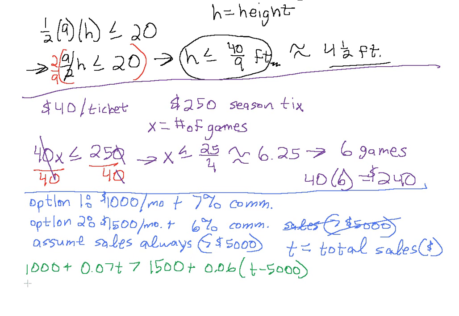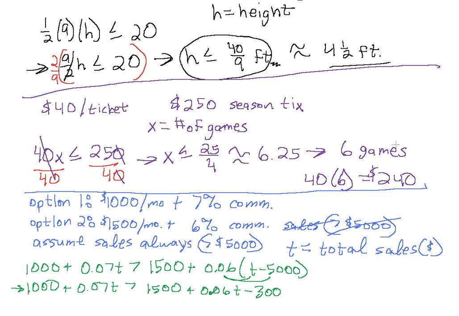We have 1,000 plus 0.07t. We're going to distribute on the right side. So we have 1,500. We're going to distribute this 0.06 into the parentheses, which is going to give us 0.06t minus 300. 0.06 times 5,000 is 300.